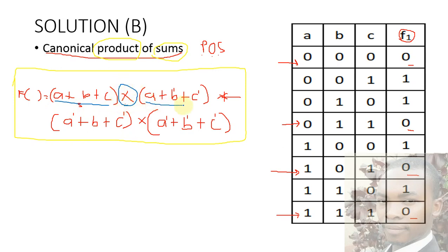These are sums, you multiply them. These are sums, multiply them. So that is it. In most cases this is called POS, product of sums.